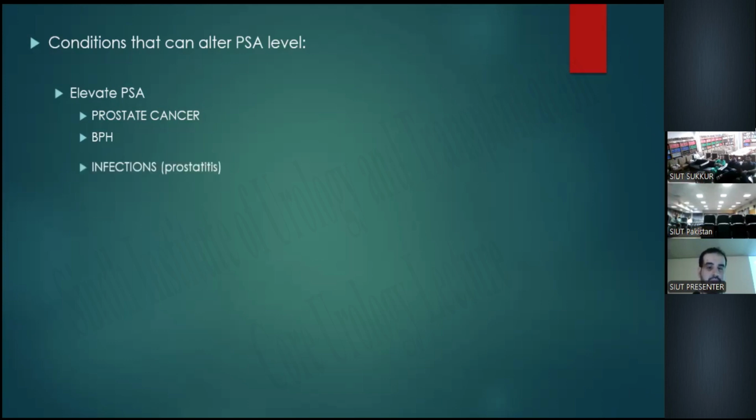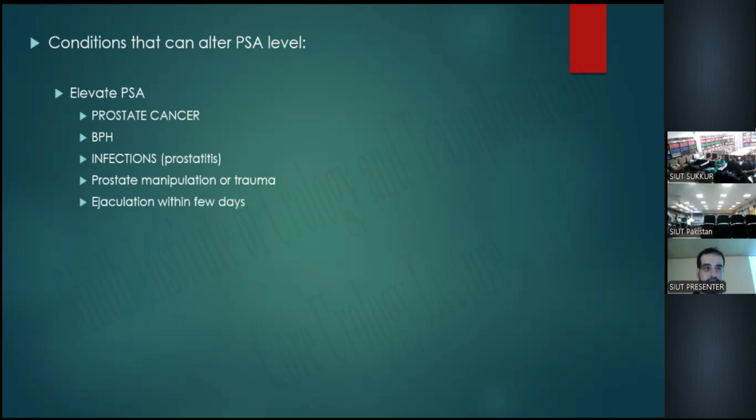Infections like prostatitis, prostate manipulation like DRE or urethral catheterization or trauma or cystoscopies, and ejaculation within a few days. As Dr. Daniel discussed, one of the main functions of PSA is liquefying the semen, so its secretion is increased if ejaculation happened within the last few days.